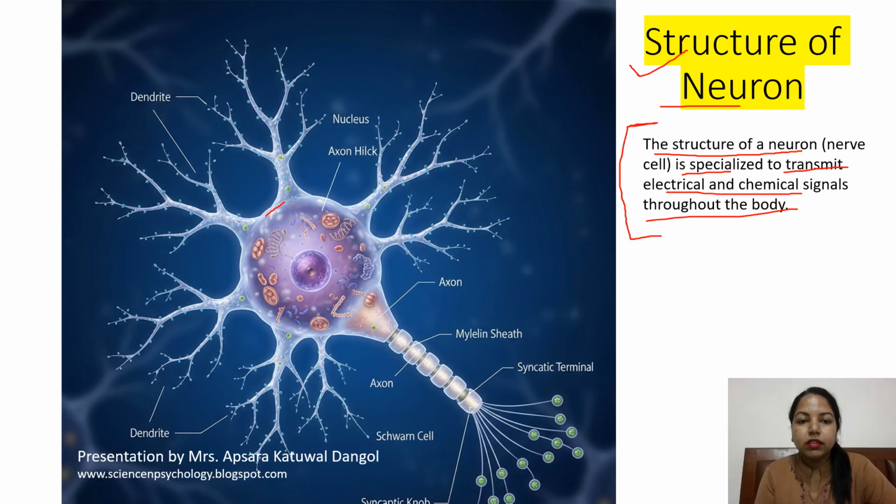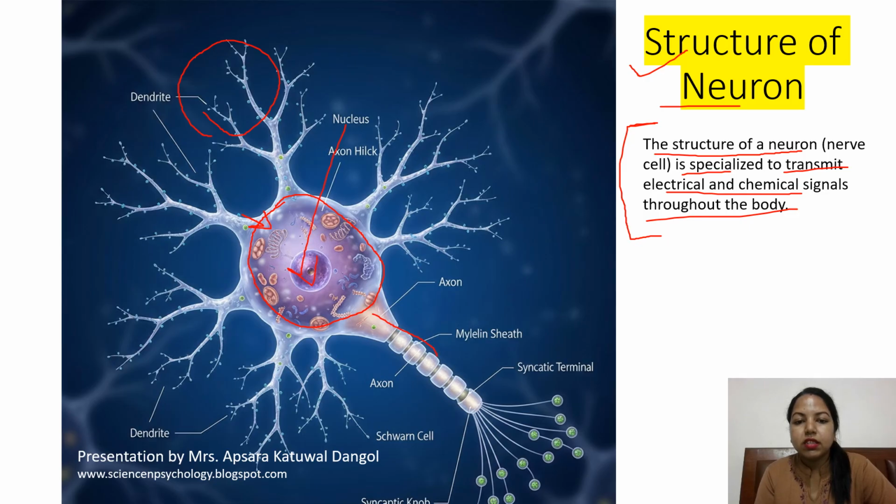So here in the center you will see the spherical part. This is the cell body and this outer layer is the cell membrane. These tree-like or branch-like structures are the dendrites, and the nucleus is present in the cell body.